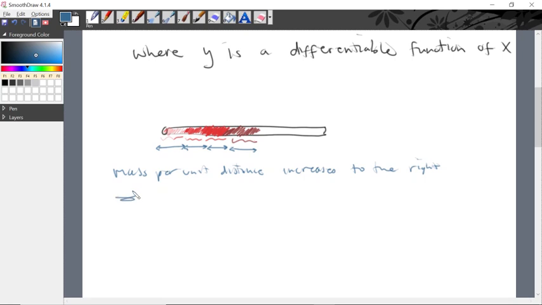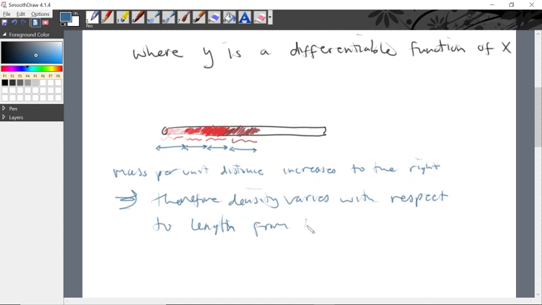Then as a result of that, therefore the density varies as well, with respect to, let's say, the length, measured from the left edge.